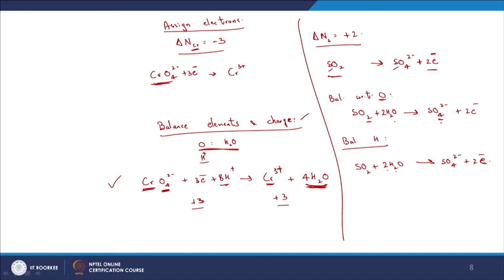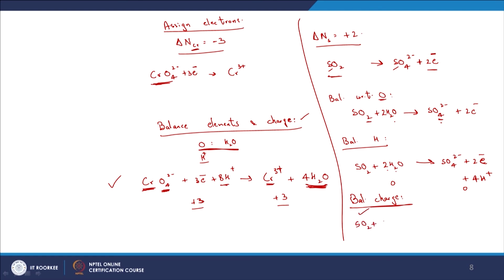So I am going to plug in 4 H+ here on the right hand side, and then balance charge, or by now it should hopefully be balanced. So I am going to look at the charge here. There is no charge on the left hand side, and on the right it's 2 negative and 2 negative, 4 negative, and 4 positive from H+. So it's 0 on the left hand side and 0 on the right hand side. So it's already balanced with respect to charge.